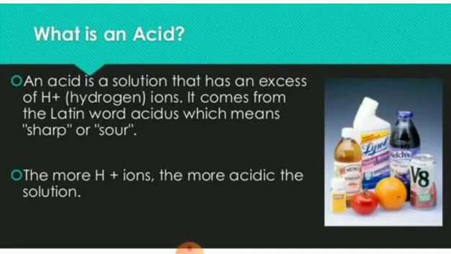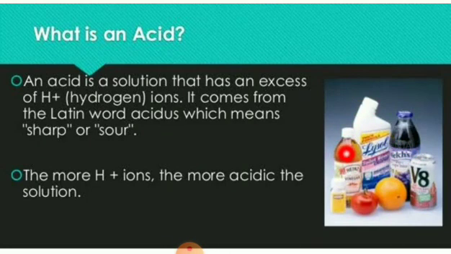First, acid. Students, the term acid is derived from the Latin word acetus. So acetus means sharp or sour, right? An acid is a solution that has an excess of hydrogen ions.